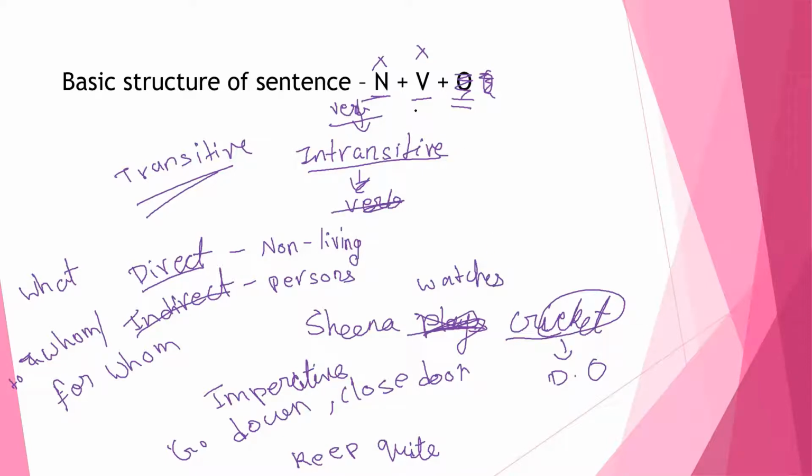So you must know that there can be a sentence without a noun and without an object, but there can be no sentence without a verb. Sometimes you might find no action verb in the sentence, but there are some helping verbs that act as the main verb, and still there is a verb in the sentence.